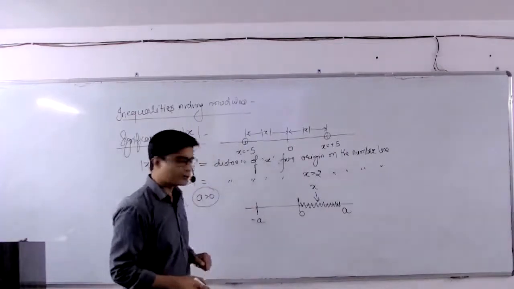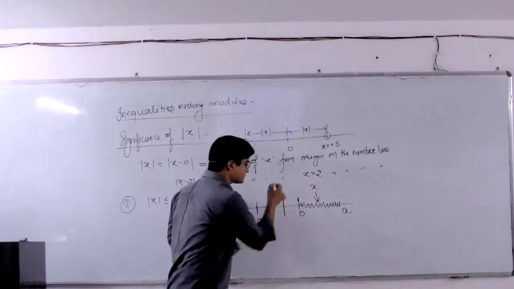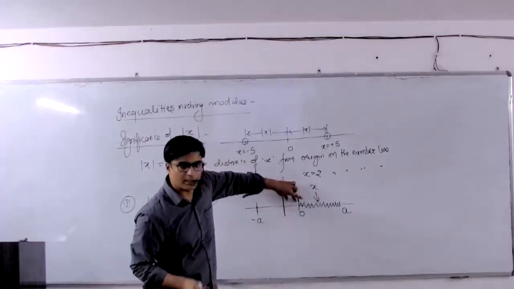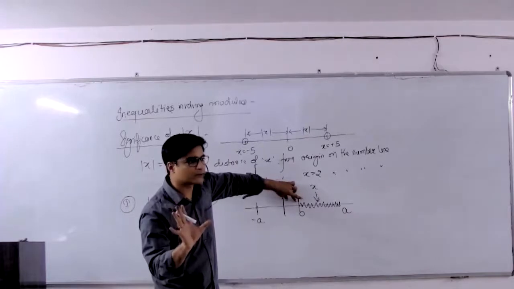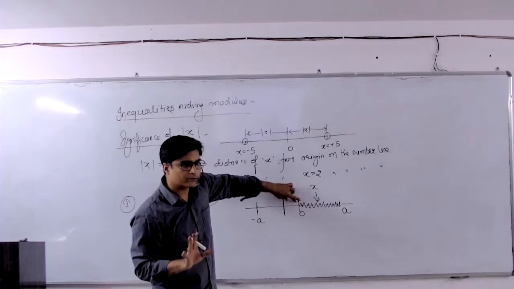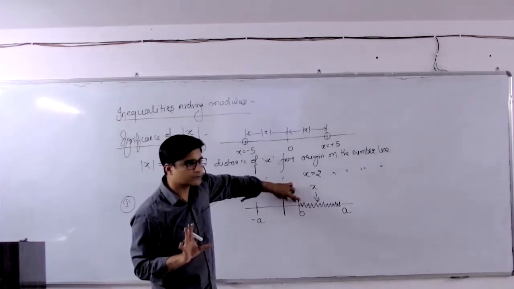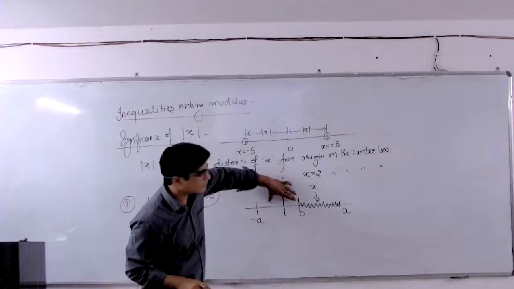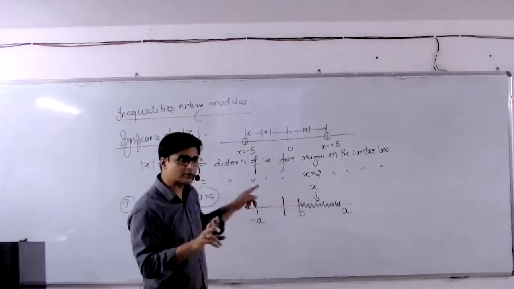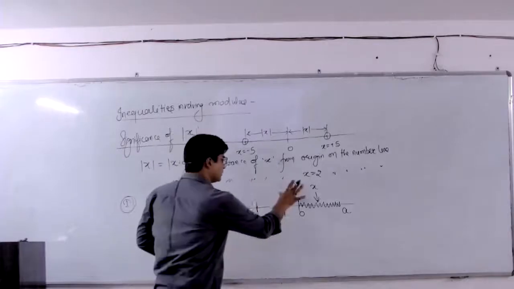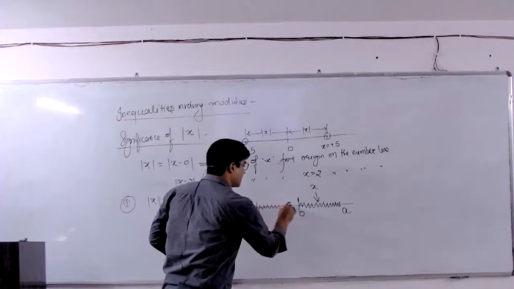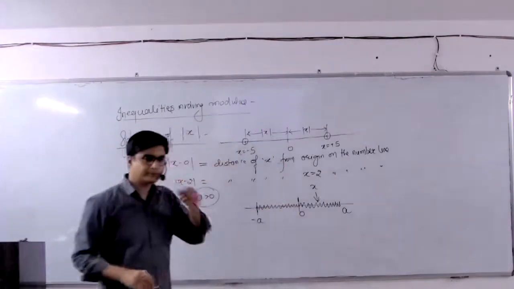If I take value of x somewhere here, then obviously this is mod x and it is lesser than a. Again, I can consider till minus a because distance is positive. So the value of x should lie in this band.